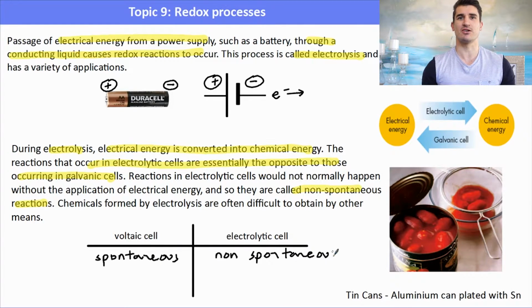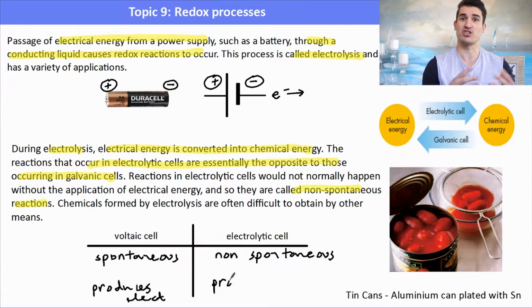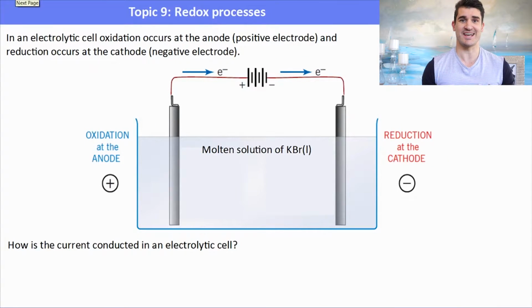An electrolytic cell is non-spontaneous because we're providing the energy. A voltaic cell produces electricity. It's used to generate a current, whereas an electrolytic cell produces chemicals. And most of the chemicals that we produce via electrolysis are actually hard to come by from other means. So we use the electricity to get out our products.